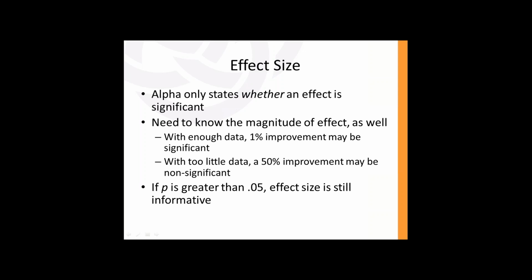The effect size tells you the magnitude of the effect in addition to its significance. Like I just mentioned with that Facebook example, with enough data, a 1% change can be significant. But with not enough data, a 50% change might be evaluated statistically as non-significant. So even if you have a p-value greater than 0.05, the effect size is still informative.